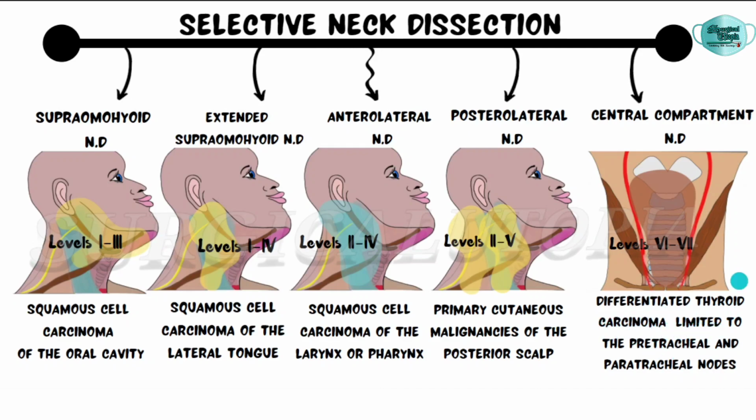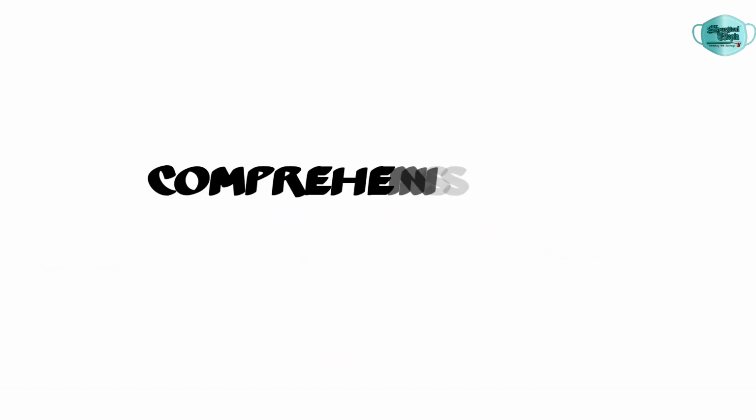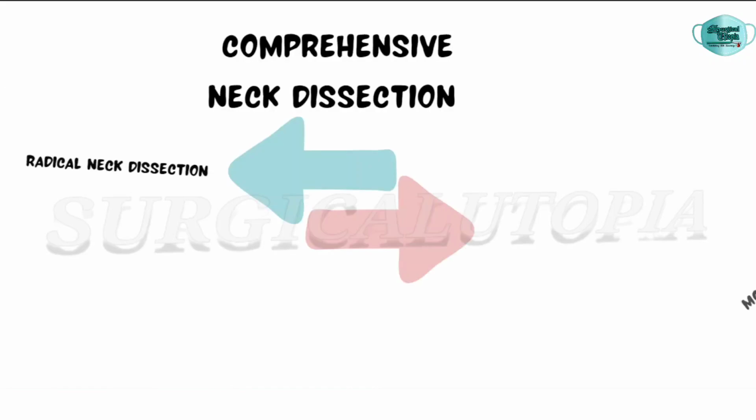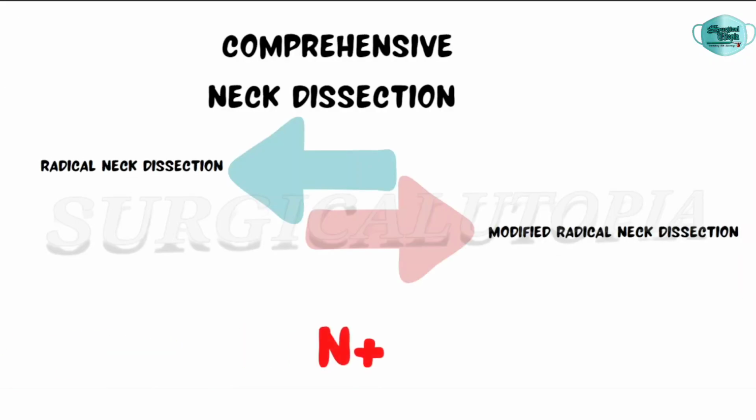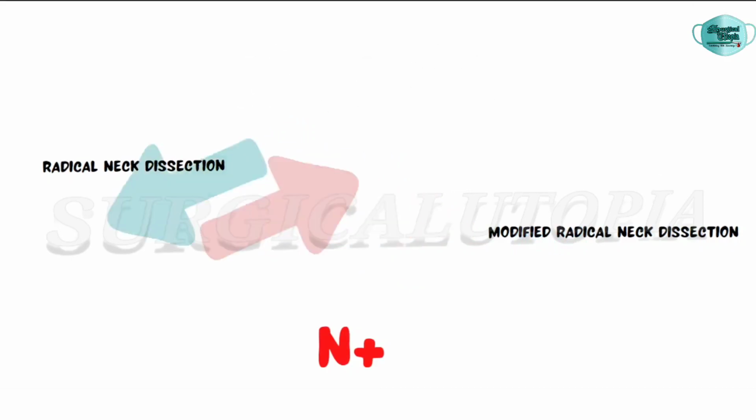Then, moving further, the comprehensive neck dissection or the conservative neck dissection, for diseases with involvement of the neck, is further classified into radical neck dissection and modified radical neck dissection. So the first one is the radical neck dissection.